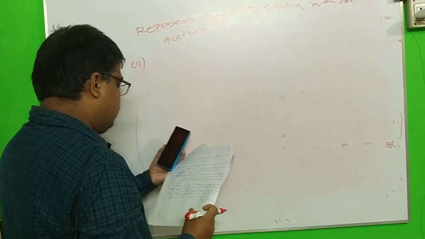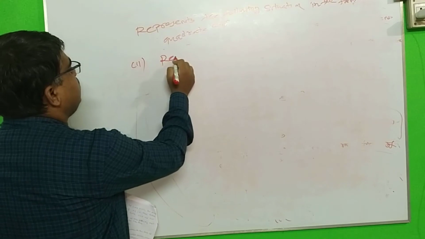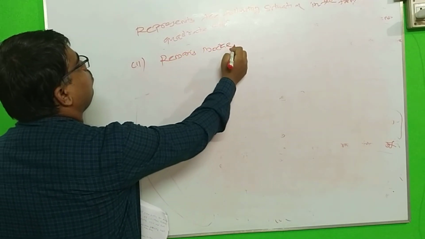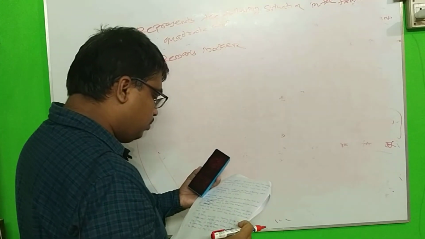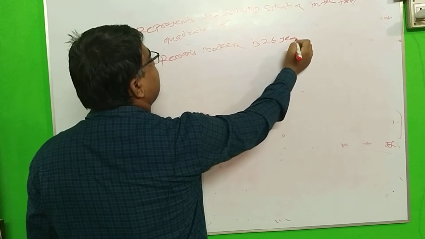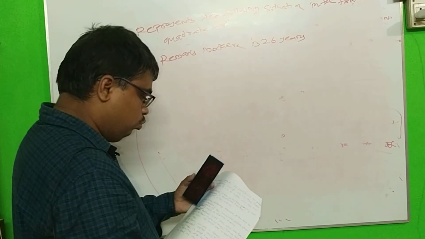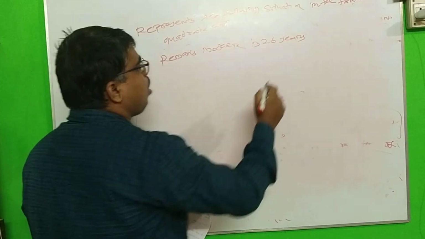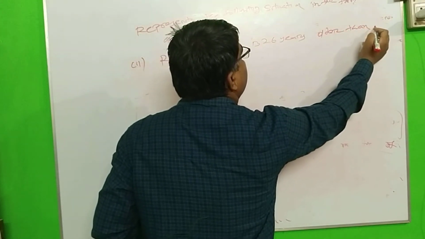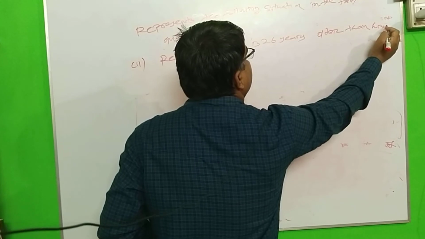Rahman's mother is 26 years older than him.